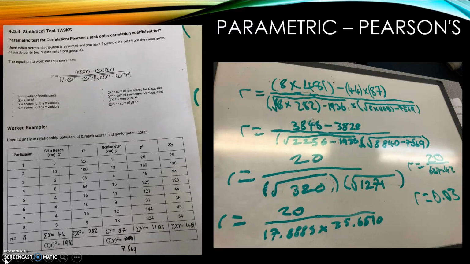Then you square the sit and reach results and then square the goniometer results, and then you do XY, and then you get a value, and then of course that is calculated by us manually as shown in the picture on the right, and it gives you an R value of 0.03.